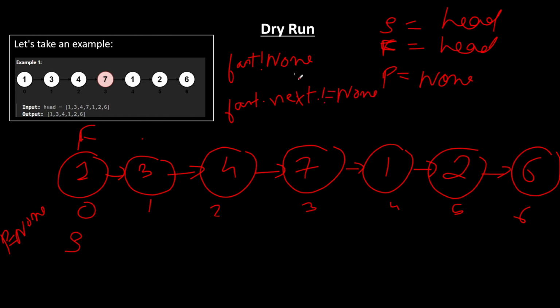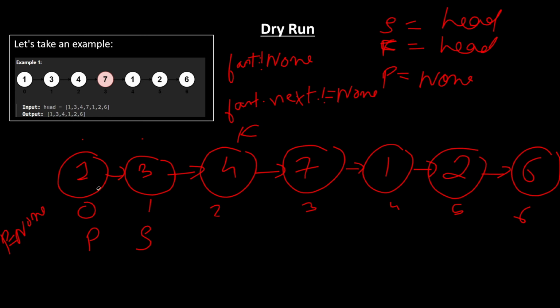Here also the same thing. So we move. We put previous here, slow here, and fast here. Correct?